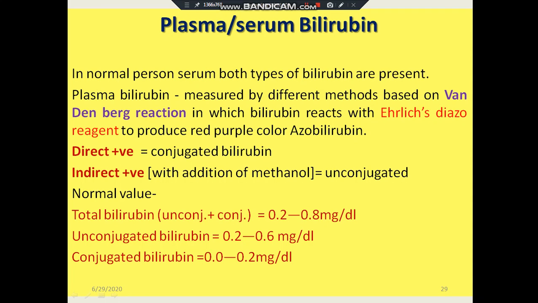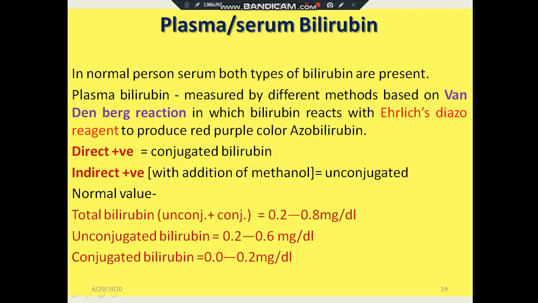In a normal person, serum has both types of bilirubin, conjugated and unconjugated. But how do we measure conjugated and unconjugated bilirubin? There is a method called the Van den Bergh reaction, in which bilirubin reacts with Ehrlich's diazo reagent to produce red-purple azobilirubin.